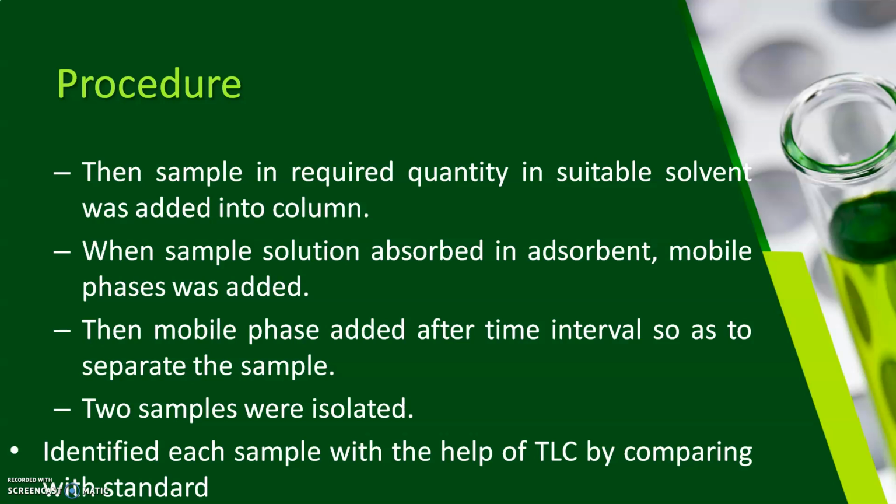Then identify each pigment with the help of TLC by comparing with the standard. We take different types of standard color components and compare them with our separated components, that is beta carotene, chlorophyll pigments and all.